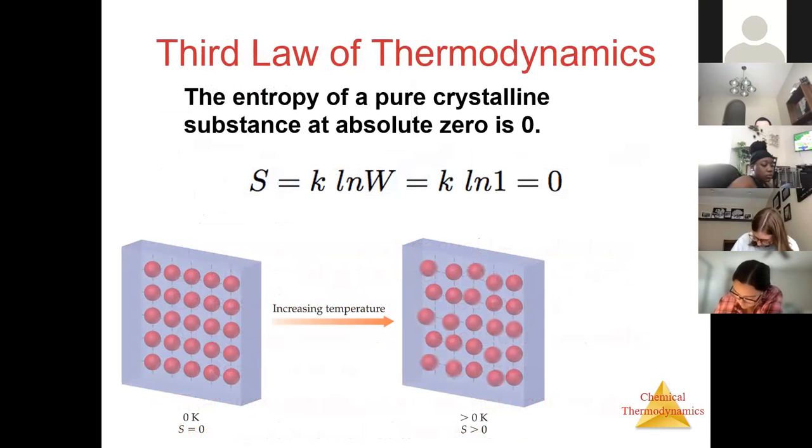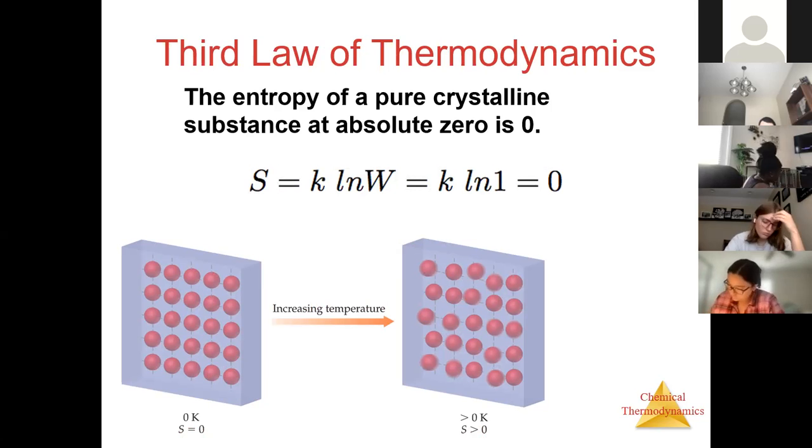Third law of thermodynamics. The entropy of a pure crystalline substance at absolute zero is zero. If you have a pure crystalline substance at absolute zero, where all motion has stopped, the molecules are not moving. They are just in that crystalline pattern.